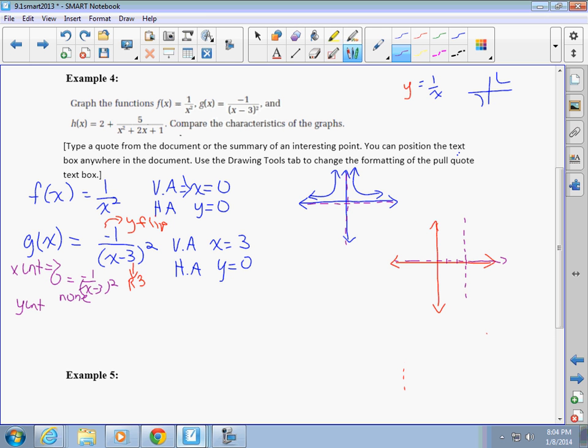Y-intercept, if I let x equal 0, I have negative 1 over 0 minus 3 squared, so this is going to be negative 1/9.